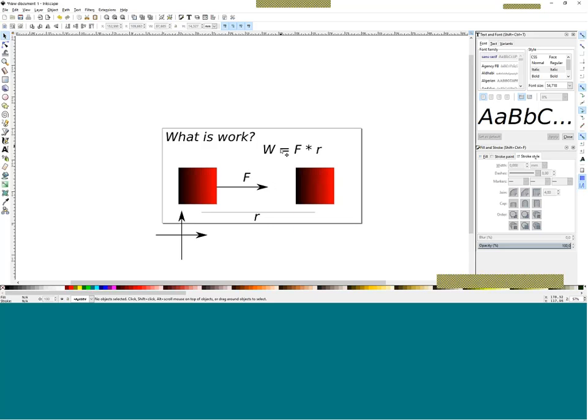So, increase the difficulty exercise. Let's now take this force. I said, you know what? I don't like you. I have a force that is at an angle in this direction.